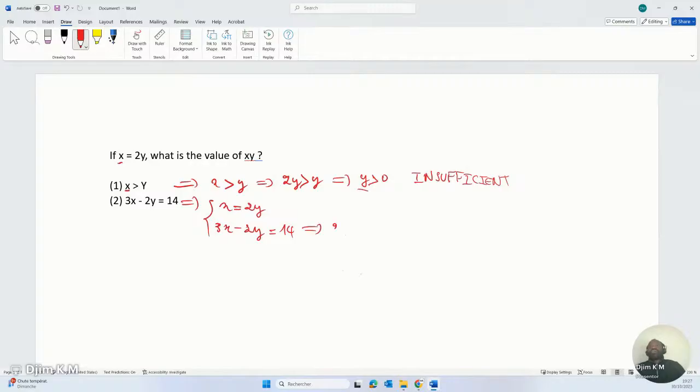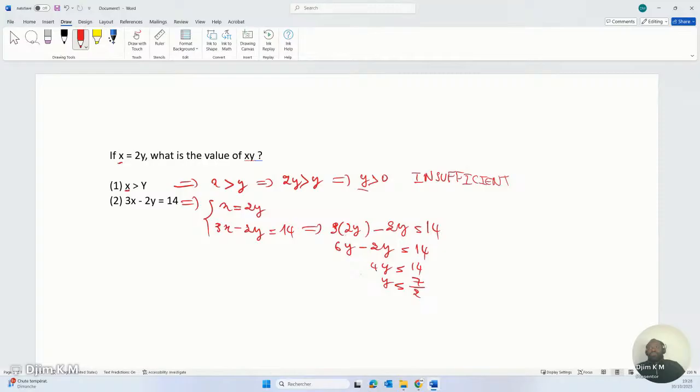So we have 3 times 2y minus 2y equal 14. 6y minus 2y equal 14. And 4y equal 14. This will be equal to 7 over 2.